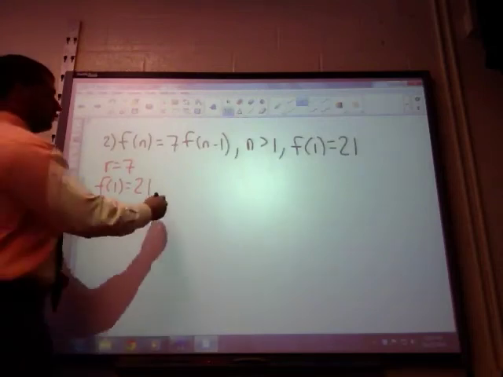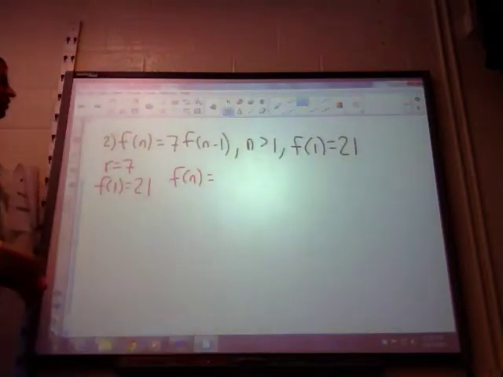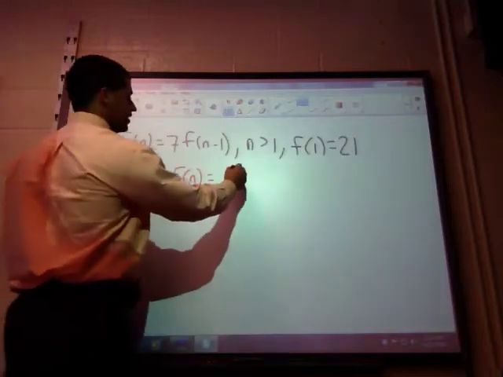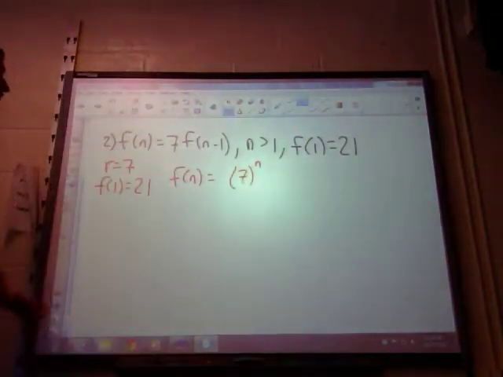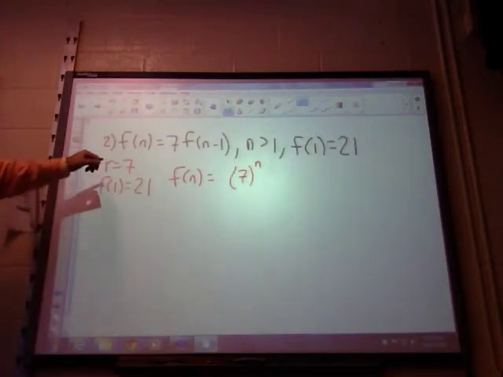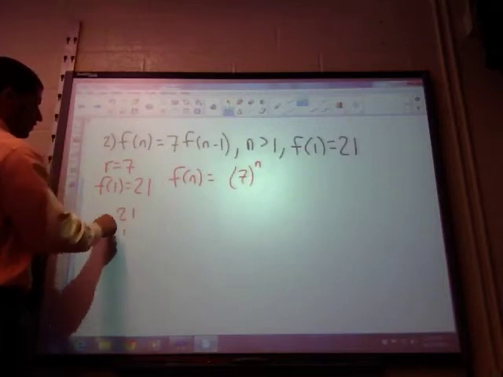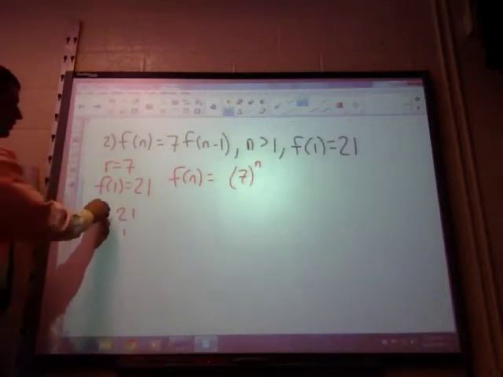So let's put this into our formula. F of n, because we always have f of n, equals f of 0 times r to the n power. Well, we know what r is. We know r is 7. That always goes in parentheses, put to the n power. F of 1 is 21, and we're going up by multiples of 7. So if term 1 is 21, what number multiplied by 7 will give us 21? 3.